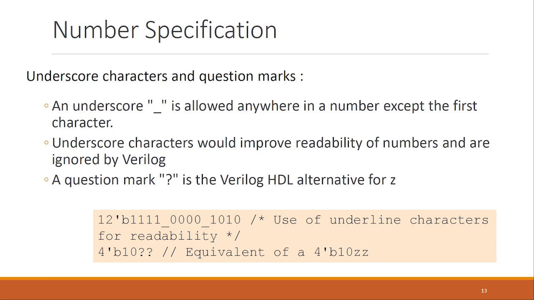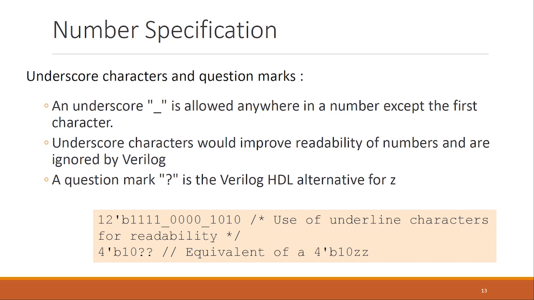If you look at the first example, it's a 12-bit number, and it's going to be represented in binary because we have this apostrophe B. And you can see two underscore characters used inside the number. This is used in fact to improve the readability. Because this is a 12-bit binary number, we have to use 12 separate digits to represent this number.